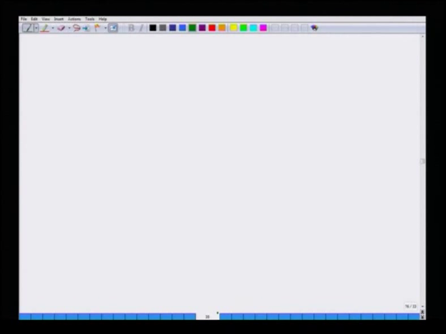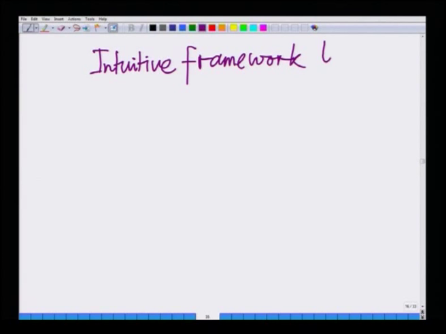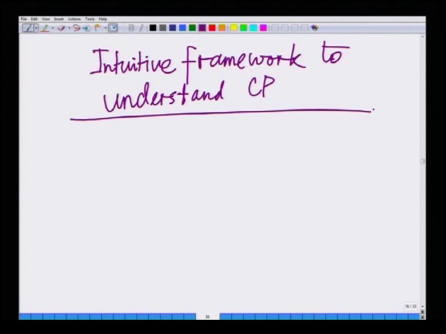Also, let's look at an intuitive framework to essentially understand the cyclic prefix, or CP.